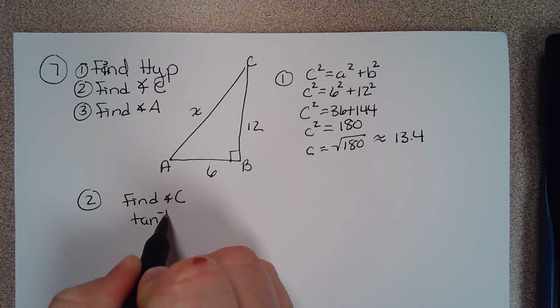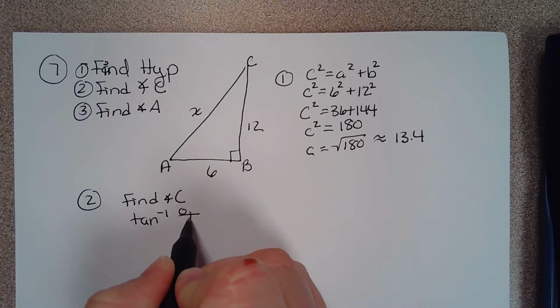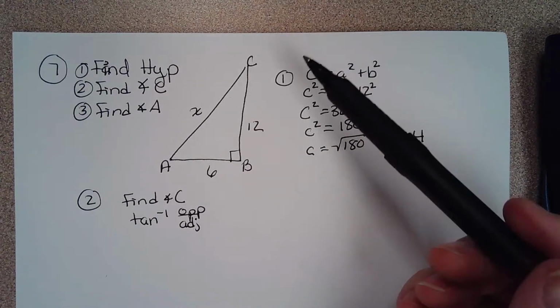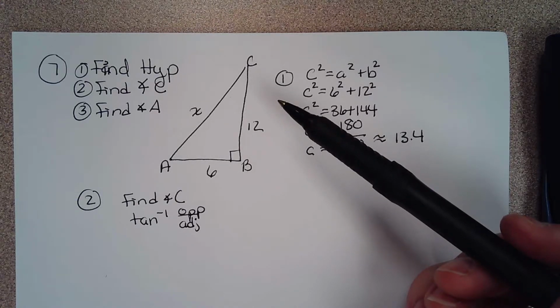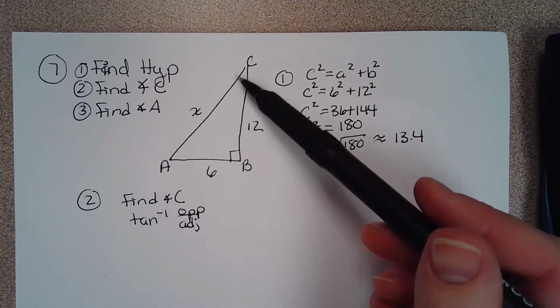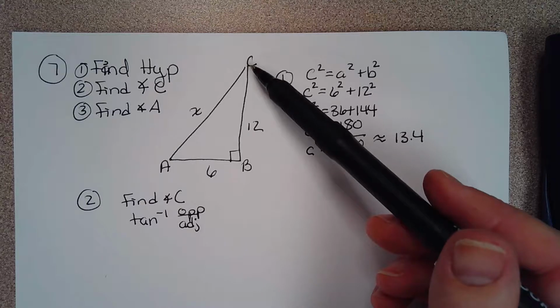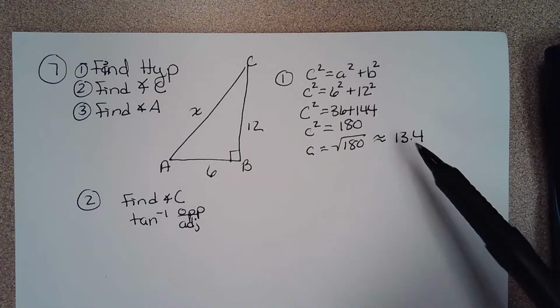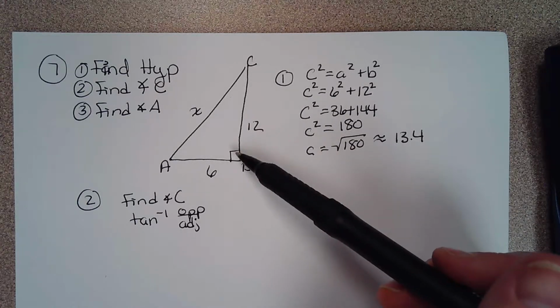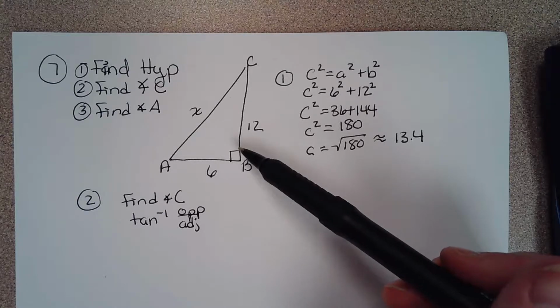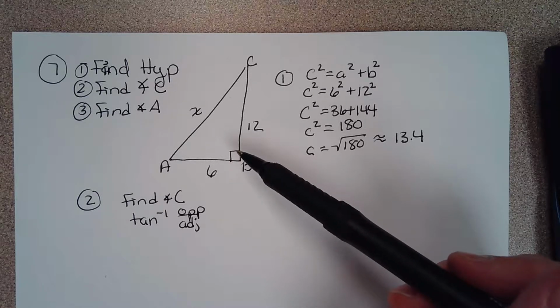So that is opposite over adjacent. And we're using this opposed to sine or cosine because we do not have the hypotenuse. Okay, we could use the one that we solved for, but we have 2 solid numbers here. So using the inverse of tan will give us a more precise answer.